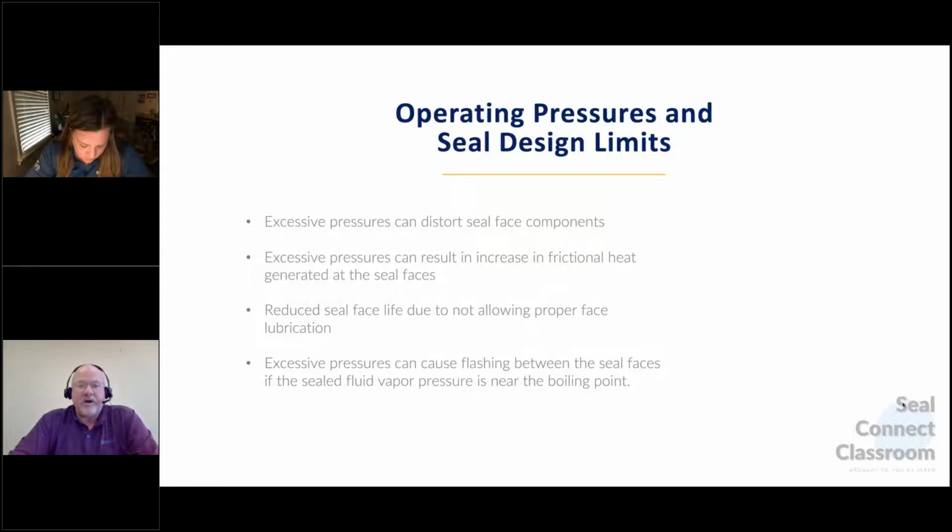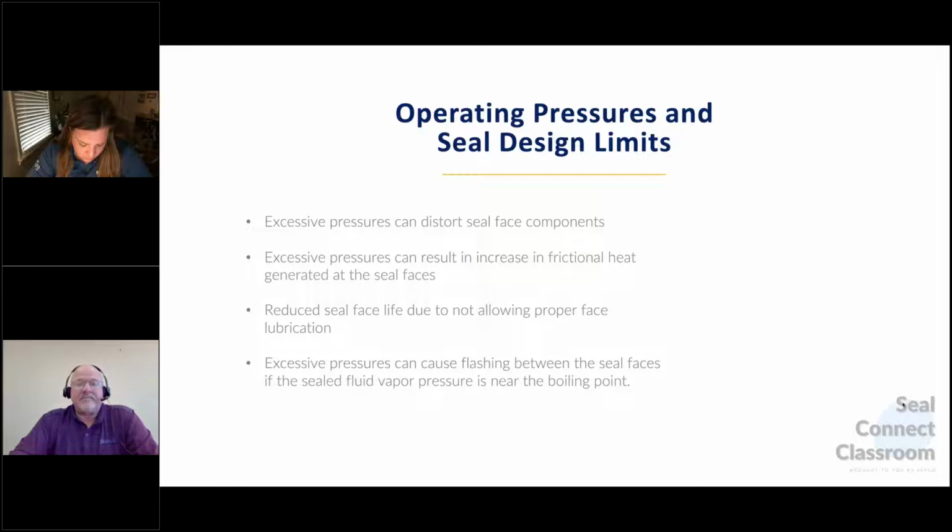I kind of equate it to if you rode down the road all the time with a load of sand in the back of your truck and you couldn't understand why your tires are wearing out. That's what seal balancing does. It lightens the load on those faces to keep the loading to a minimum, even at elevated pressures.